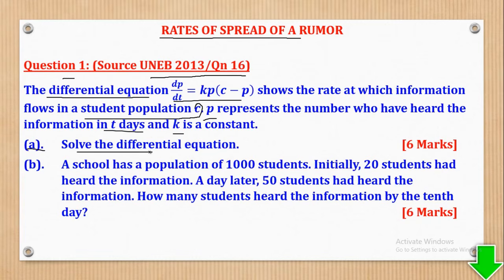Part A, solve the differential equation, and part B, a school has a population of 1000 students. Initially, 20 students had the information. A day later, 50 students had the information. How many students had the information by the 10th day? So this word by is very vital.